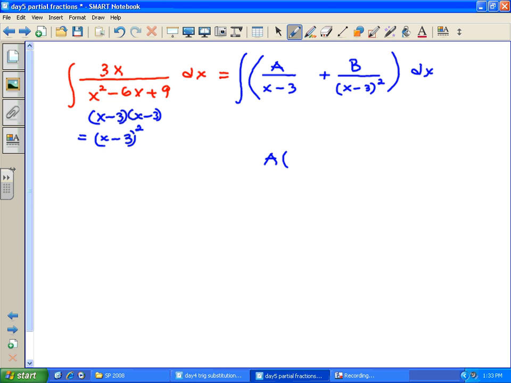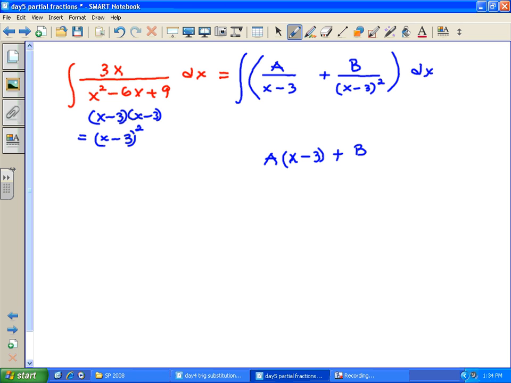The least common denominator of x minus 3 and x minus 3 squared is x minus 3 squared. So we will get both fractions to have the same denominator of x minus 3 squared. The first top and bottom is multiplied by x minus 3. And the second top and bottom? Just 1, right? It already has the least common denominator.